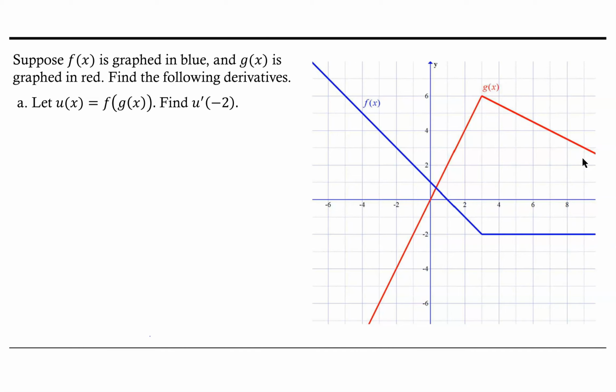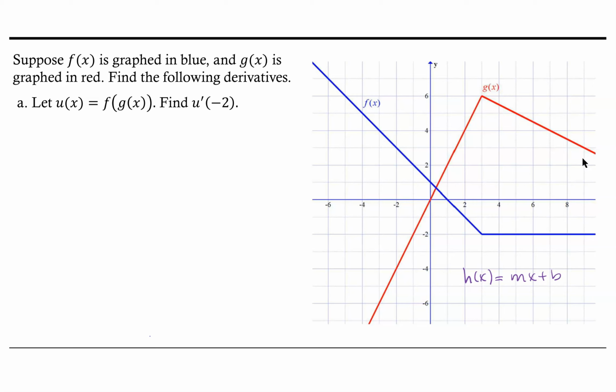You might wonder why. If a function, let's call it h of x, is linear, that means it can be written as mx plus b, with the lone exception of a vertical line.